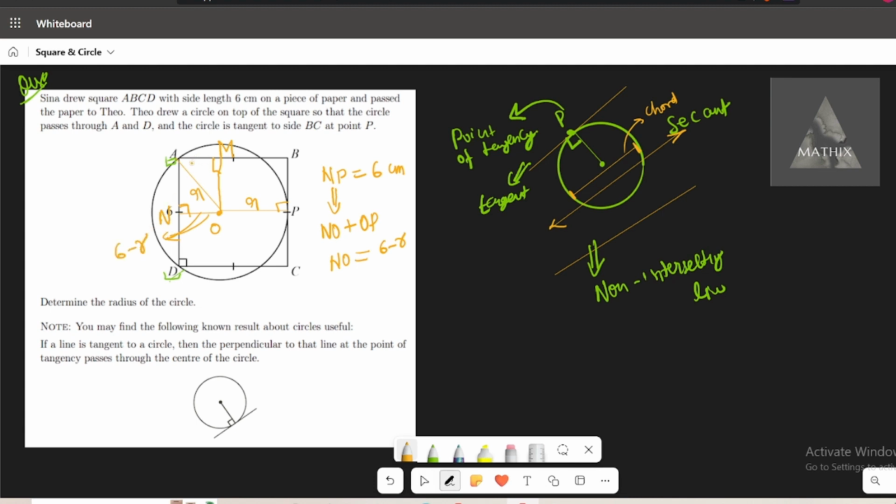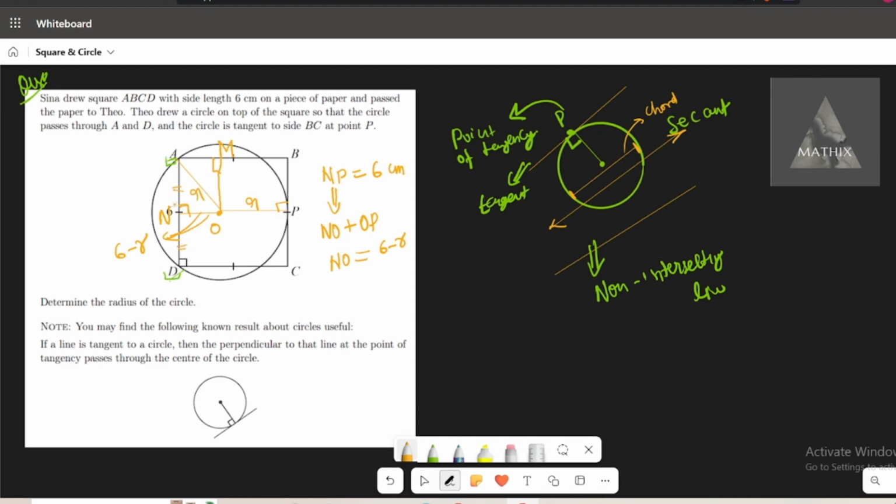Now, if you see it carefully, since the circle is symmetrical to the square, you can say one thing for sure: ON will be bisecting the line AD.